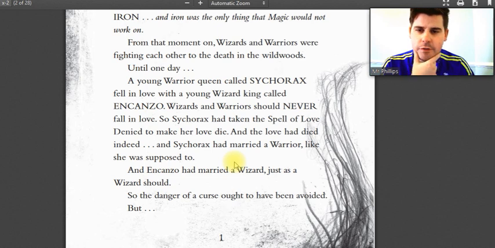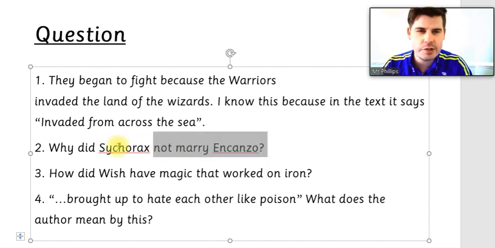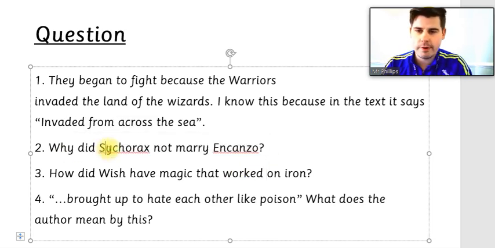Wizards and warriors should never fall in love, so Cinchorax had taken the spell of love denied to make her love die, and the love had died indeed. So why did they not get married? Well, it's because Cinchorax took the spell of love denied, which was a potion that caused the love that she had for Incanzo to die. Very cheerful. So why did Cinchorax not marry Incanzo?